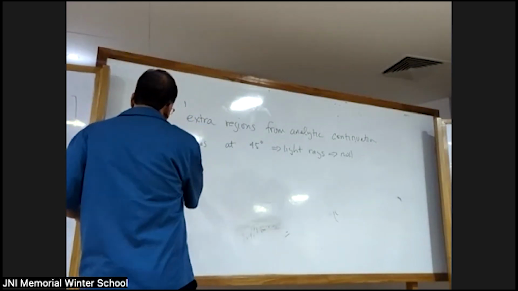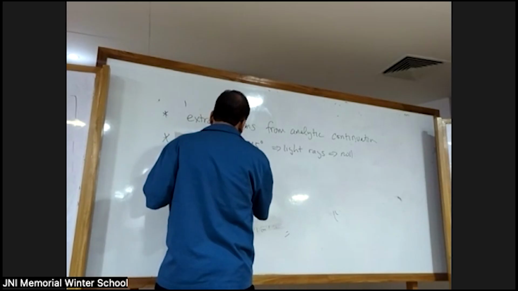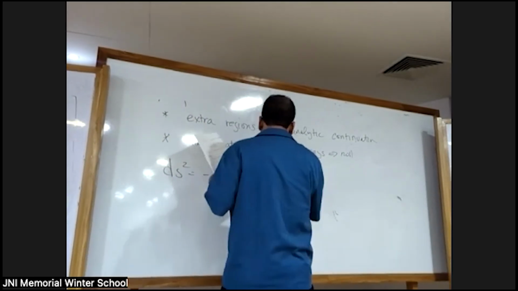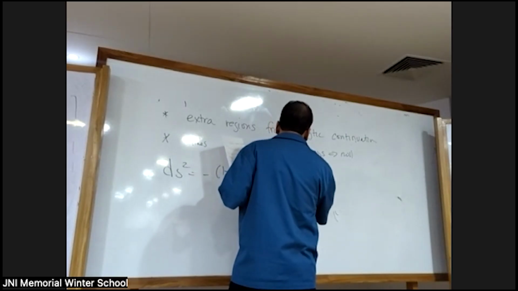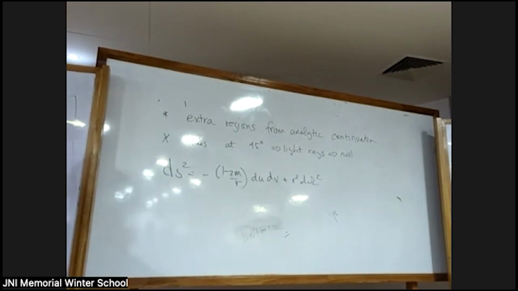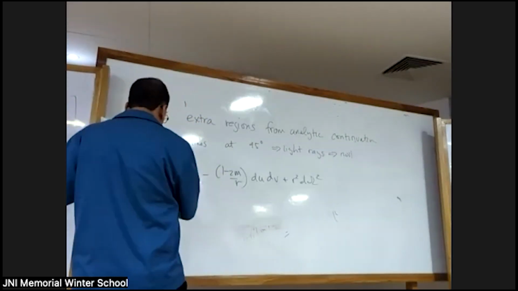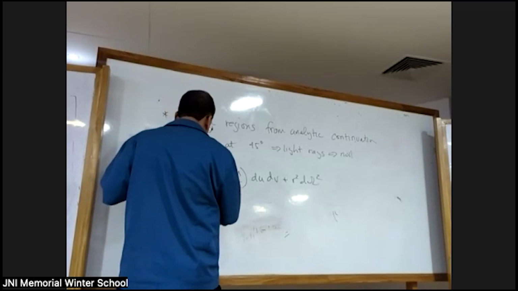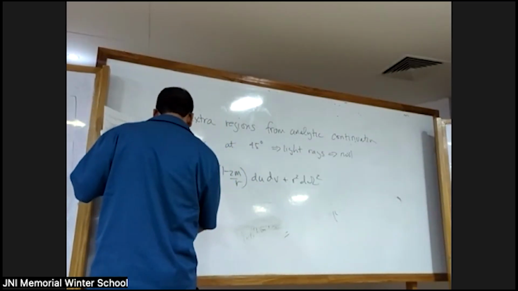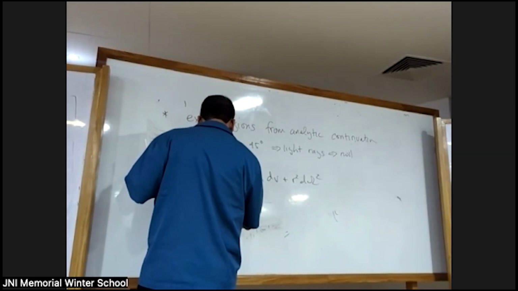So I had here ds squared is equal to minus (1 minus 2m over r) du dv plus r squared d omega squared. Now I'm going to do this conformal transformation: U is equal to tan U star, V is equal to tan V star.